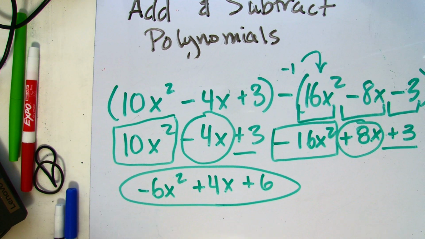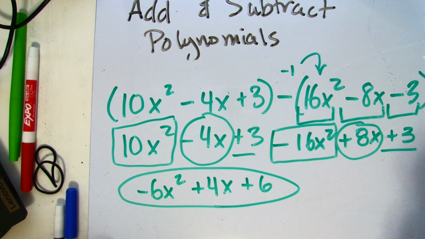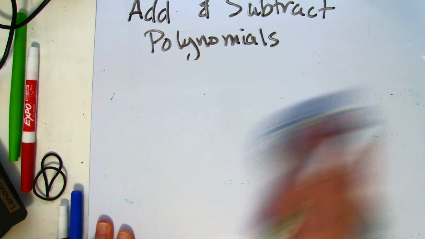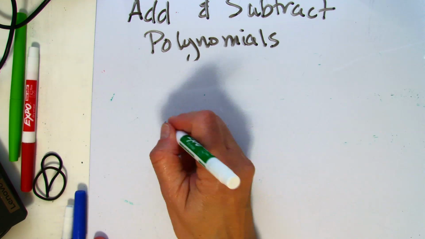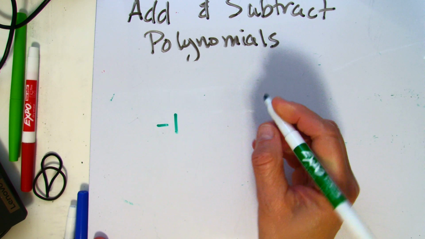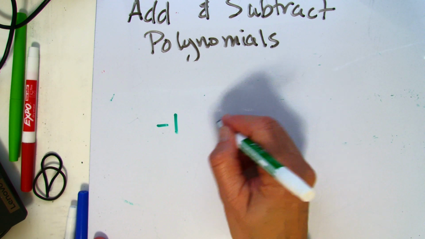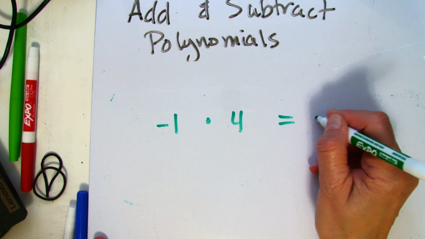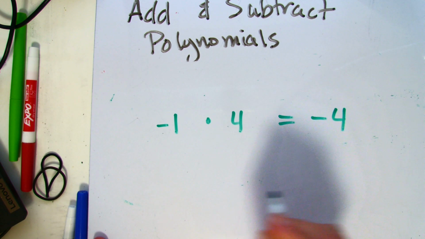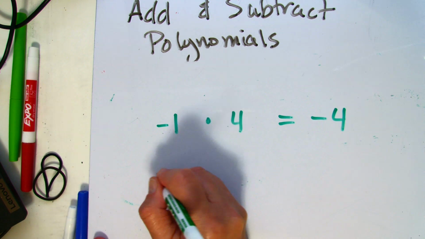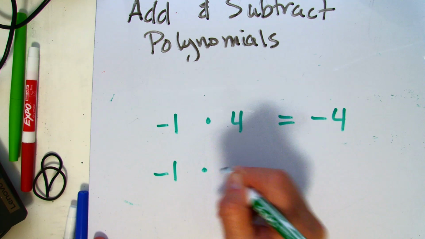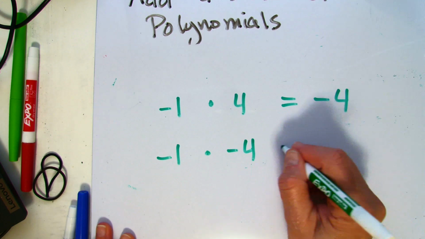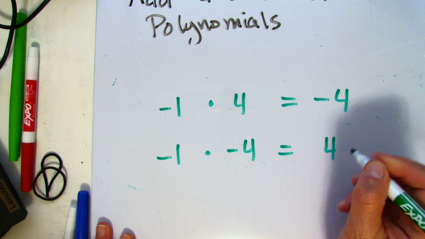Now, while you were doing these two problems for subtraction, did you notice that when we are multiplying a negative 1 to a positive number, your answer is going to be a negative. And when we multiply a negative 1 to a negative number, our answer is a positive.